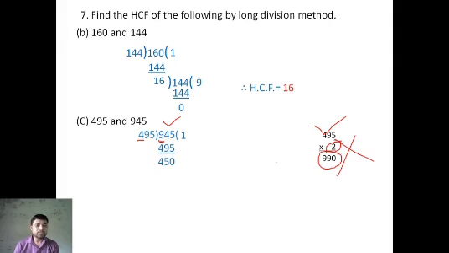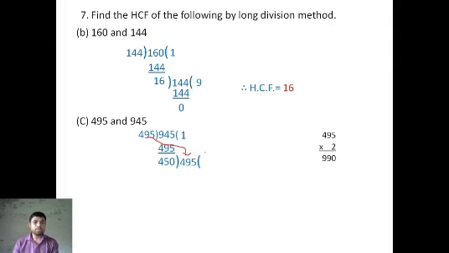Do the subtraction. As I have told, after subtracting, what you get will be the divisor and this will be the new dividend. So it will be like this. Now look here, it is 4, here also 4 by 1, so by 1 it will be this. Do the subtraction.